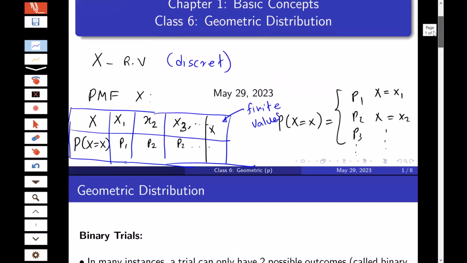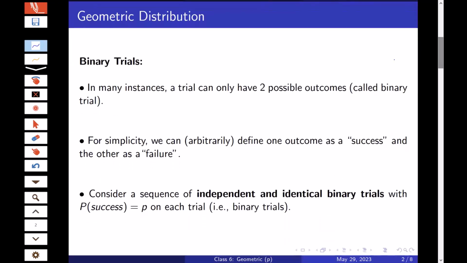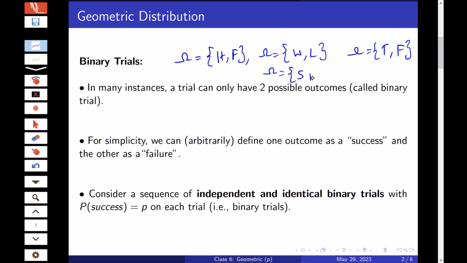Before understanding the process of geometric distribution, we need to learn binary trials. There are some experiments we can do where we have only two outcomes, like tossing a coin, a game winning or loss, a true-false question, a question with yes/no answers, or an experiment with success and failure.